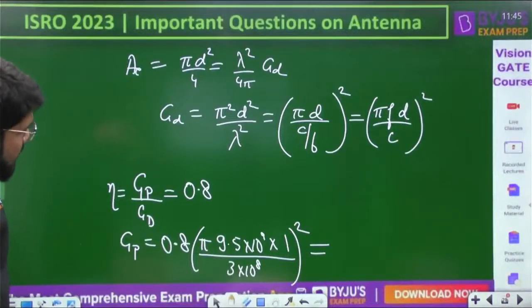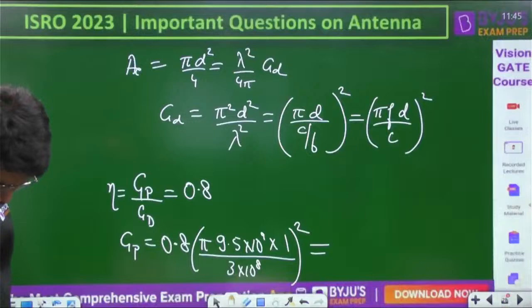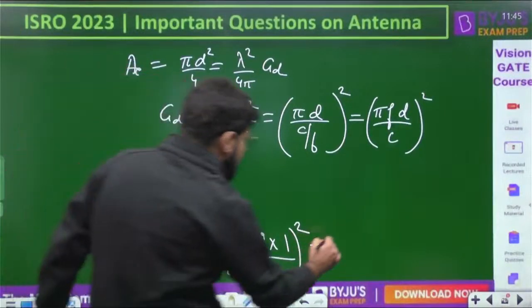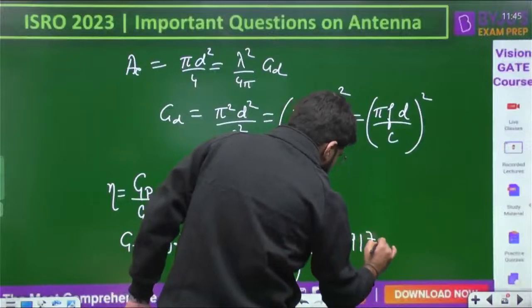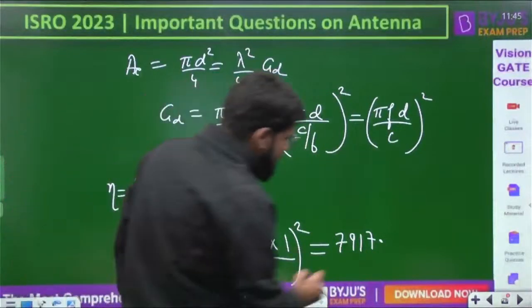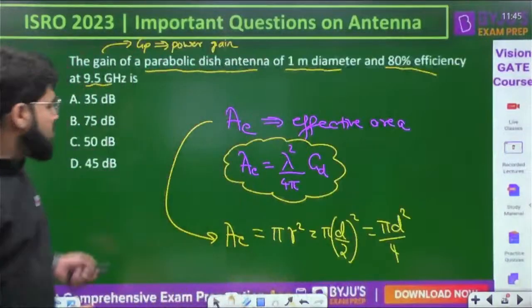Let's calculate this value. 10 power 9, 10 power 8, it's only 10. Then take up the square and into 0.8. I am getting it as 7917.6. Of course it is in dB.